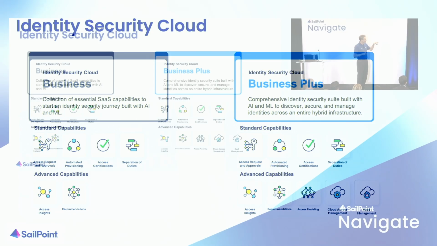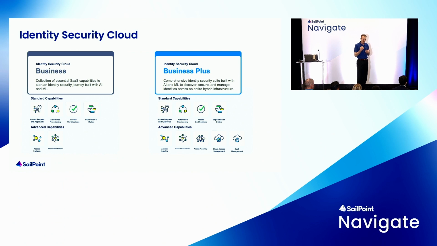We have what are called standard capabilities, pretty much the basics, blocking and tackling of identity security and identity governance capabilities. And then below are the advanced capabilities. Either one of these 2 packages is how you qualify to have workflow enabled in your Identity Now environment. So it's important that you understand that.